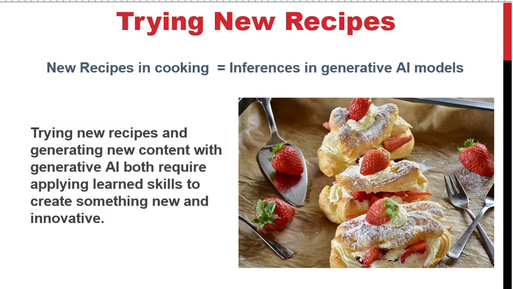For example, if you're baking something and last time strawberries were really good in it, you might try blueberries or another kind of fruit in it, and then you'll see what comes out of it, whether you like it or not. Similarly, with AI, depending on the skills it's already learned, you put other parameters on top of it, and then you combine those skills to create something new and innovative.